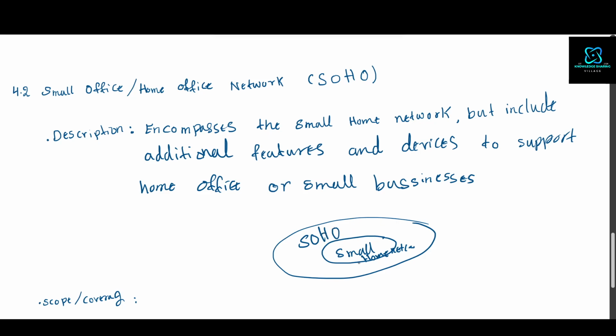It includes the small home network, but it has additional devices and features that it needs to do the job, for example, for a person who has a small business or is working from home. Okay, so we are going to delete that one.